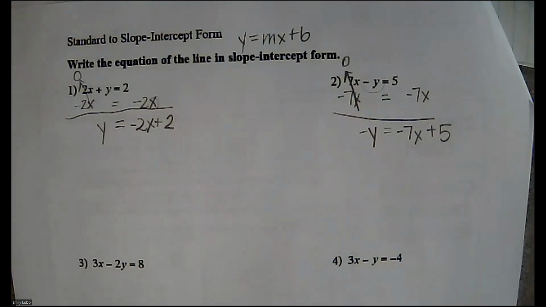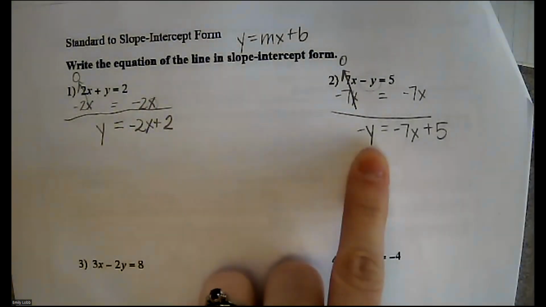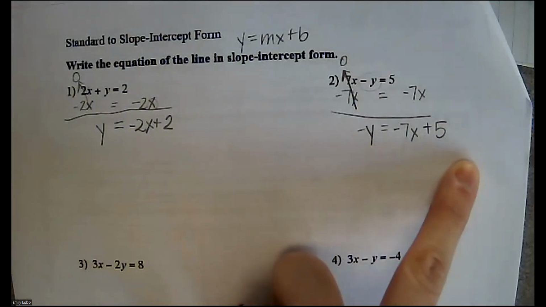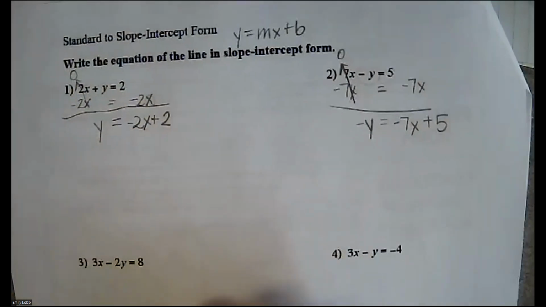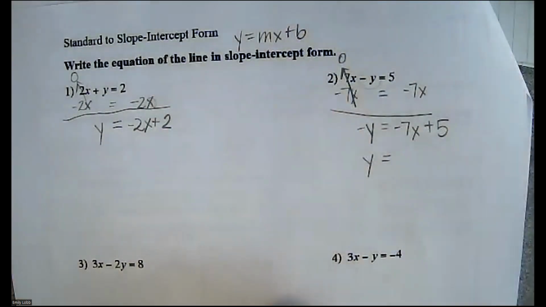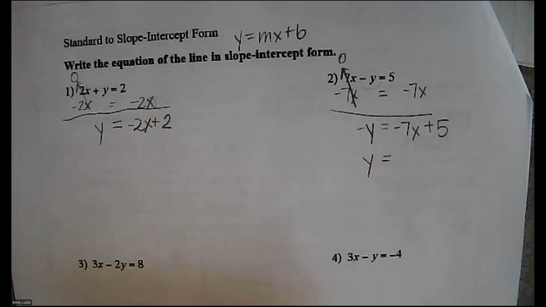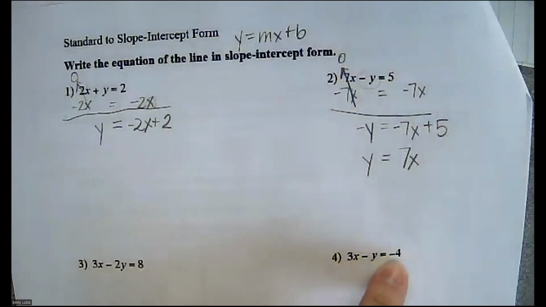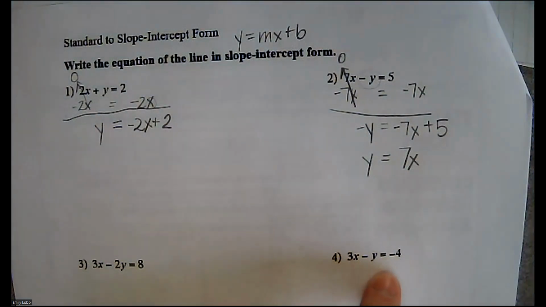Okay. So I want y, but I have the opposite of y. So let's take the opposite of everything. What's the opposite of negative y? Positive y. What's the opposite of negative 7x? Positive 7x.